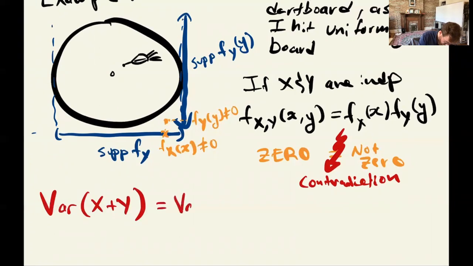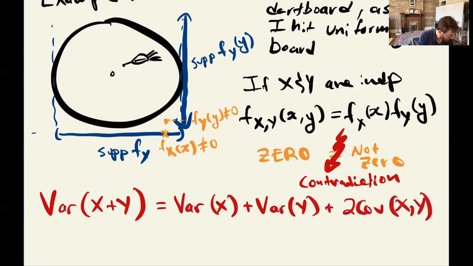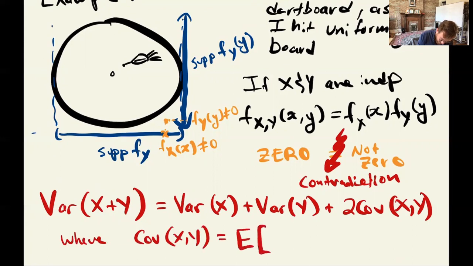Then the true value of the variance of the sum is the variance of x plus the variance of y plus 2 times the covariance of x and y, where the covariance of x and y is equal to the expectation of (x minus its mean) times (y minus its mean).